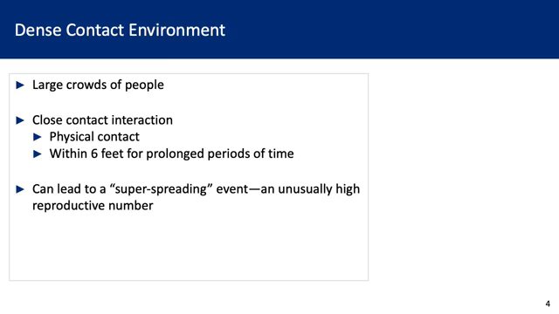If the case frequently has close contact or interactions with others, including physical contact or being within 6 feet for prolonged periods of time, these kinds of contacts can lead to what we call a super spreading event. And that means an unusually high reproductive number. So on average, you know that someone who's infectious, who has COVID-19, could infect 2 to 3 other people.